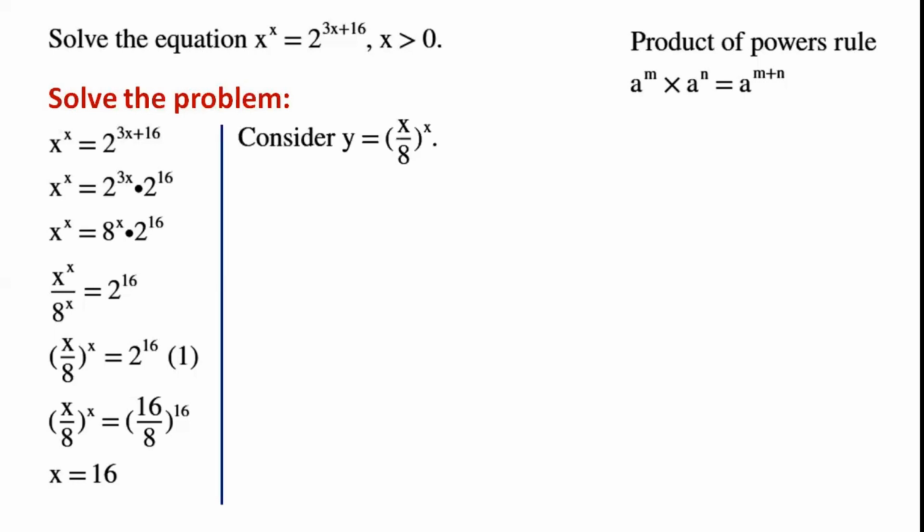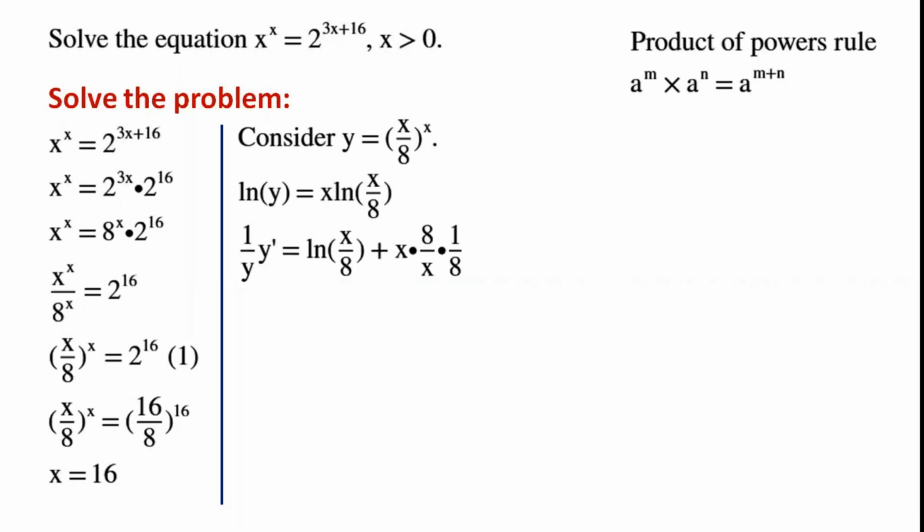Consider y equals (x over 8) all to the power of x. By taking ln on both sides of the equation, we can now write ln y equals x ln (x over 8).